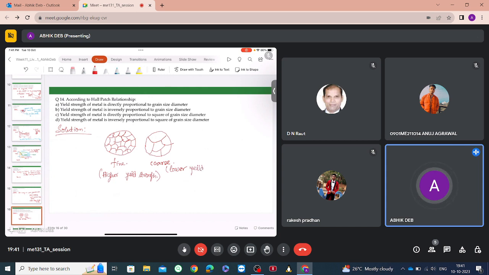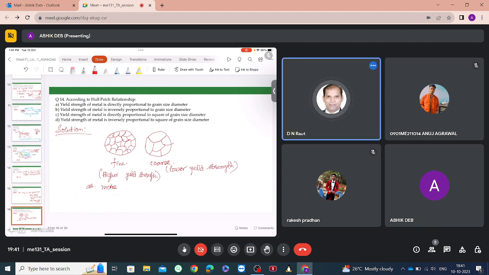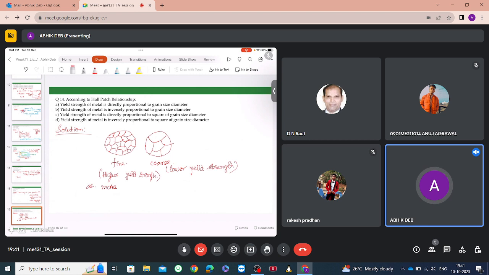Why is the yield strength more for fine grains? What is the main reason? As there are more dislocations, yes sir. Now relate the yield strength with the diameter.